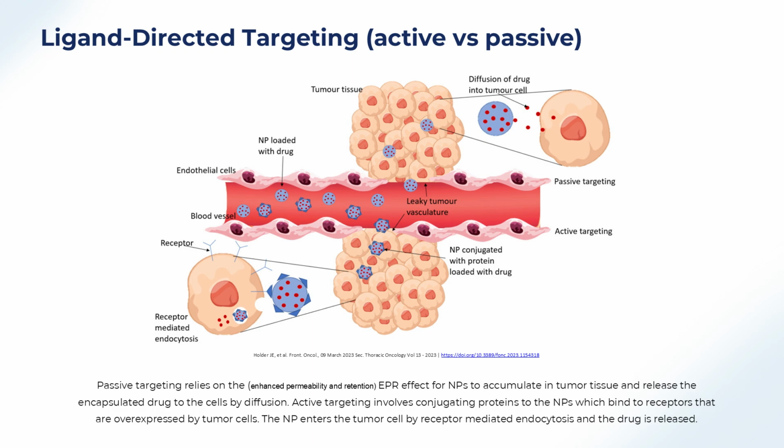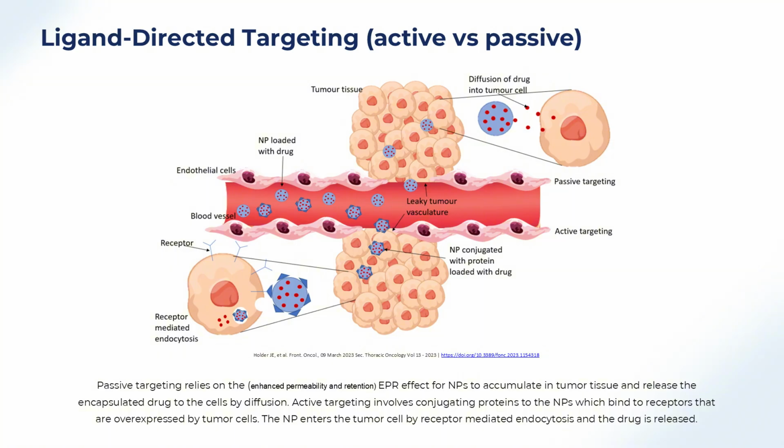On this slide, you can observe the two different types of targeting, active and passive. Basically, passive targeting relies on the enhanced permeability and retention effect, or EPR effect. The nanoparticles can accumulate in tumor tissue and release the encapsulated drug to the cells by diffusion.